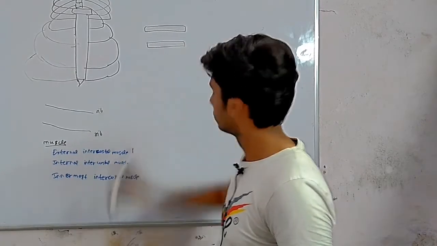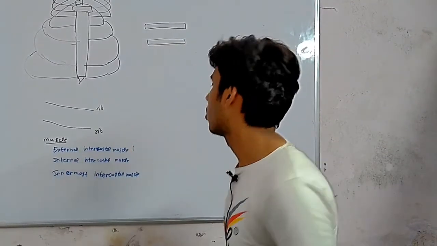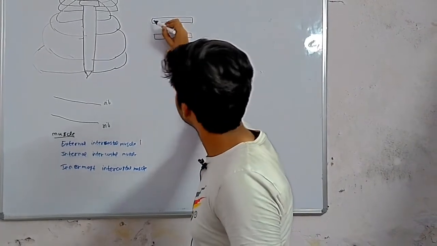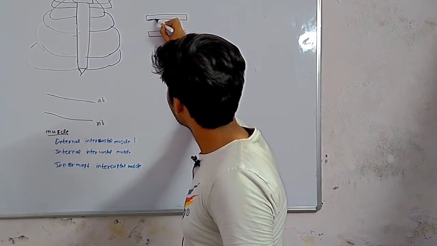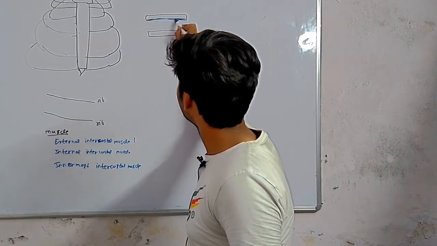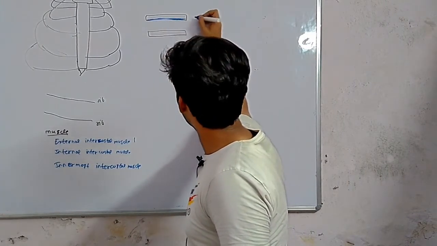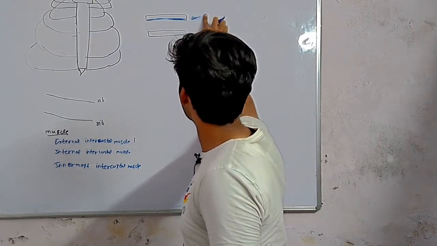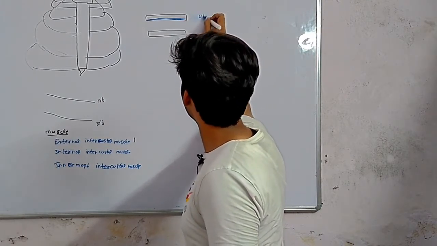This is lower rib. External intercostalis muscle arises from the upper rib, lower margin, anterior lip, outer margin, of the superior rib. Means upper rib, how will we say?